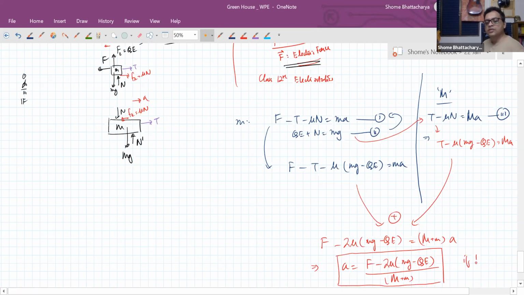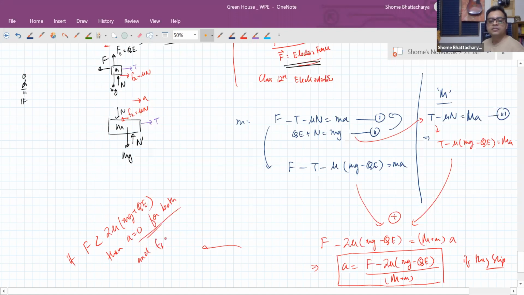That is if they slip. And you'll also see that if F is less than 2 mu into mg plus QE, then A will be 0 for both. Okay, and static friction will be acting.